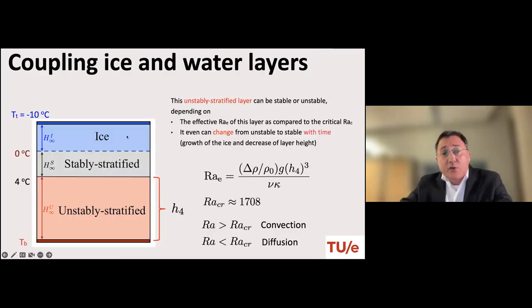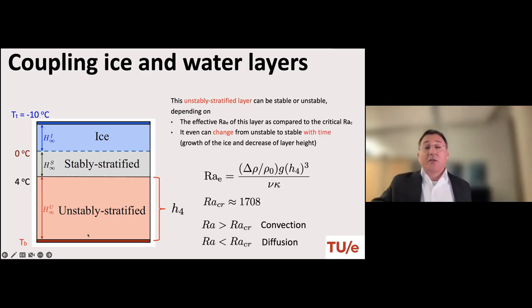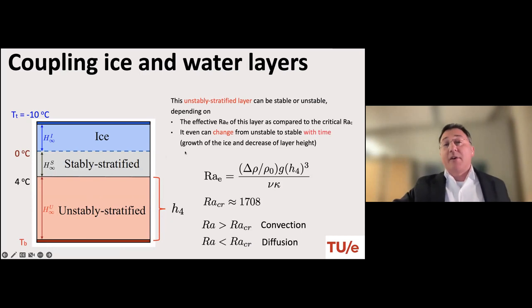So let's zoom a little bit more on what is going on here. We have an ice layer, and then we have a region where the temperature goes from 0 to 4, which we call stably stratified, and from 4 to eventually larger temperature, could be 6, 8 degrees, we call it unstably stratified. Now, the unstably stratified layer can either be stable or unstable according to the effective Rayleigh number in this region.